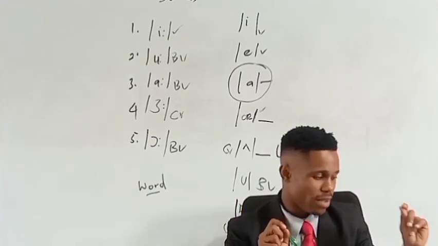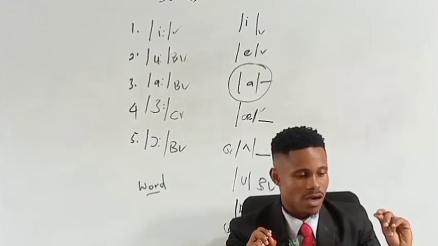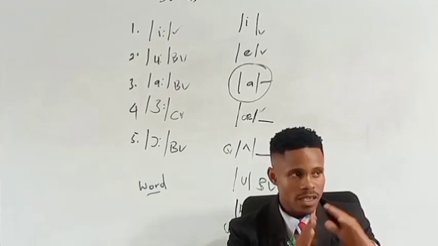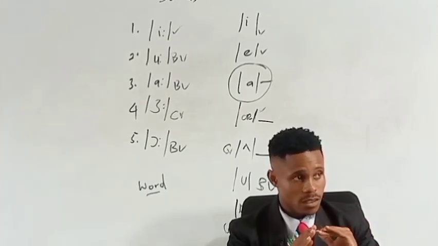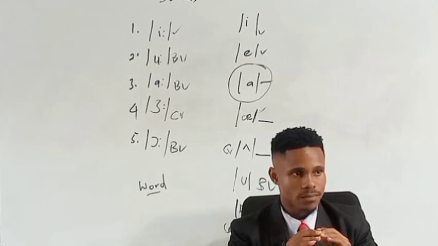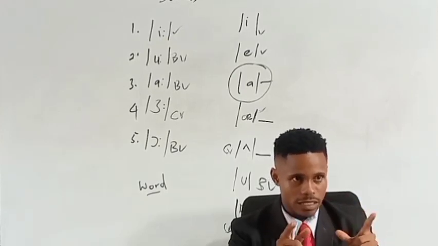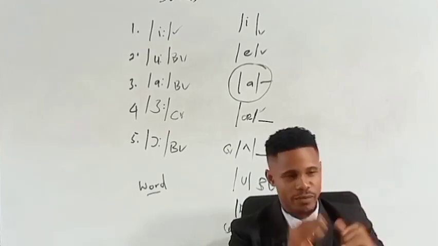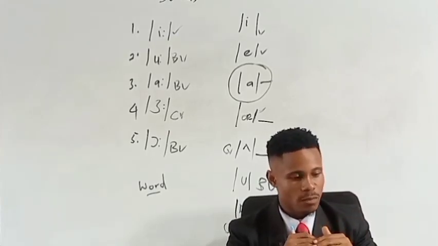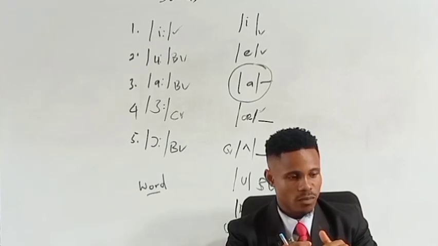Now look at the shape of my mouth again. We start from E or U. Still look at the shape of my mouth, like how my mouth is opening. E, and then we now come to O, then we now come to Ah.